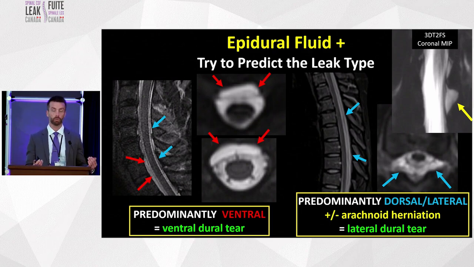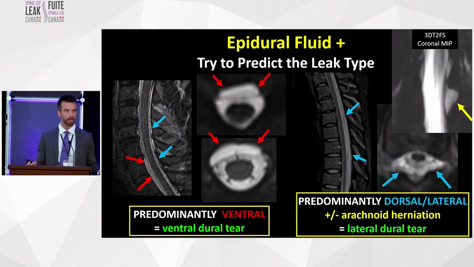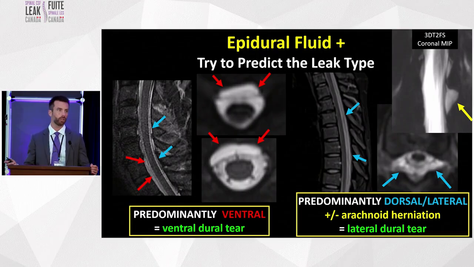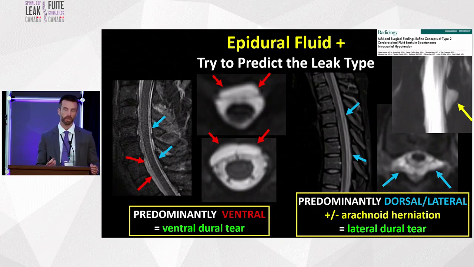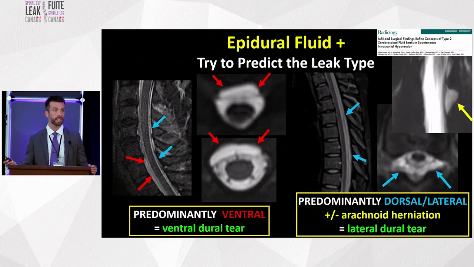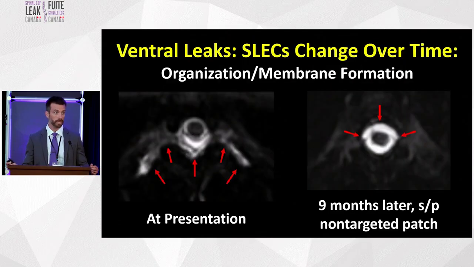If the fluid is predominantly dorsal or dorsolateral, it might be a lateral tear, but what's also very, very helpful is to look at the top screen right of that image. We see this large outpouching along the side of the spine. This is the herniated arachnoid pouch that we frequently see with a lateral dural tear. The presence of this very much suggests that we're dealing with a lateral dural tear, and frankly, in some cases, you might not even need to do myelography other than to show the anatomy a little bit better for your surgeon, but that's probably where the leak is.